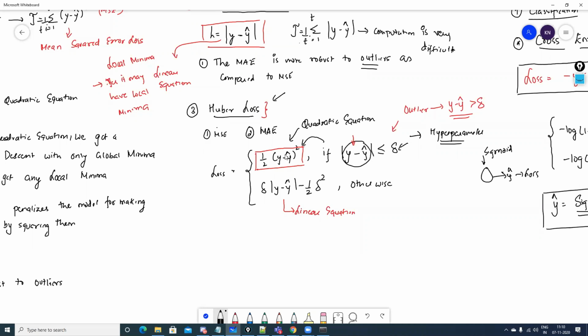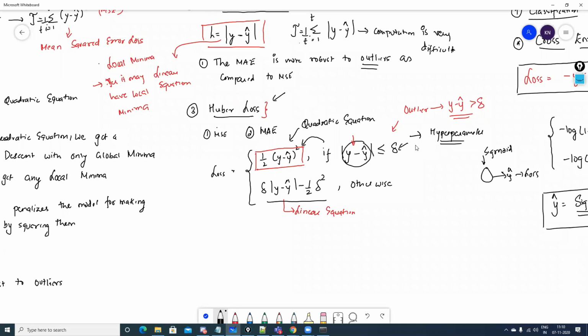So we are going to solve with this particular problem, which is nothing but mean squared error. The other thing is that if there are outliers, then we have to use this kind of linear equation. This is used to prevent it. And again, guys, here you can see that this may also lead to local minima. So whenever there is a chance of local minima, it will try to calculate the loss based on this particular formula. Does it make sense?